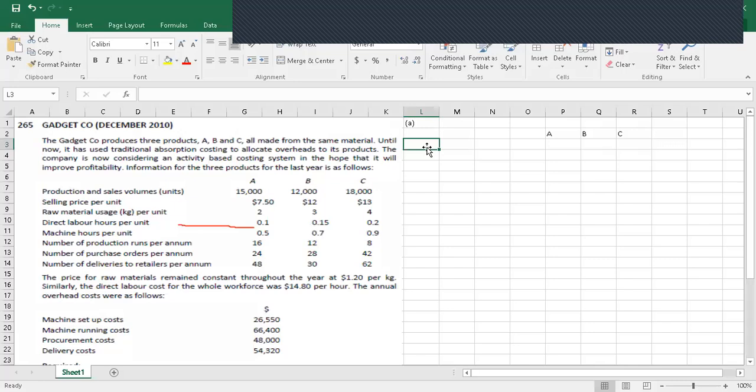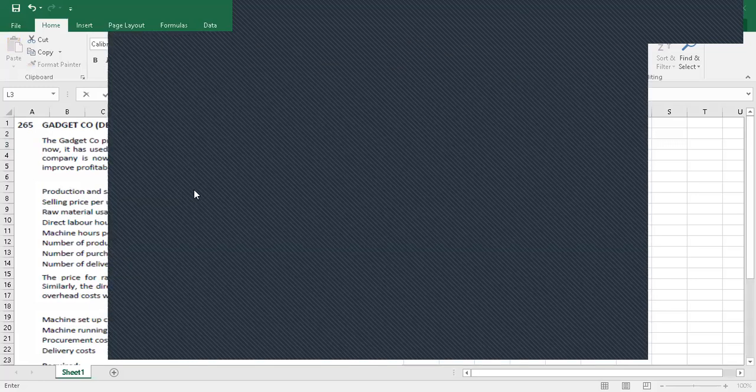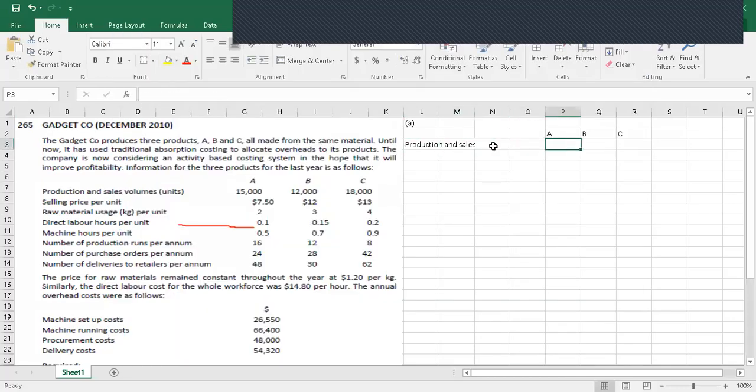First, we see direct labor hours per unit: 0.1, 0.15, 0.2.